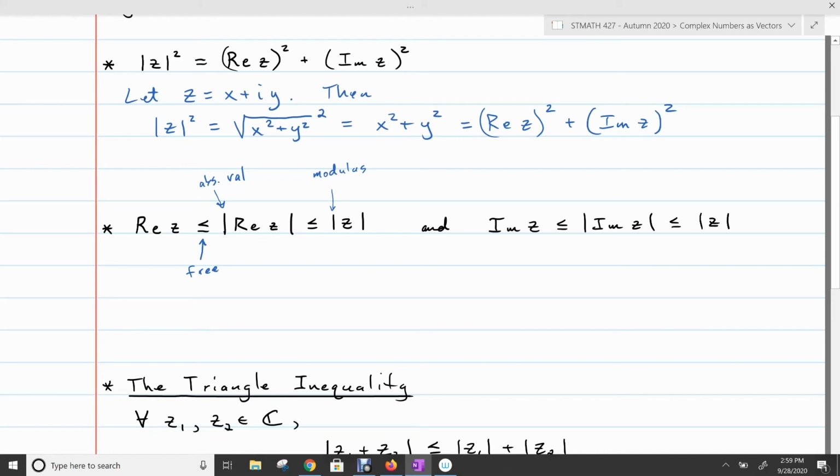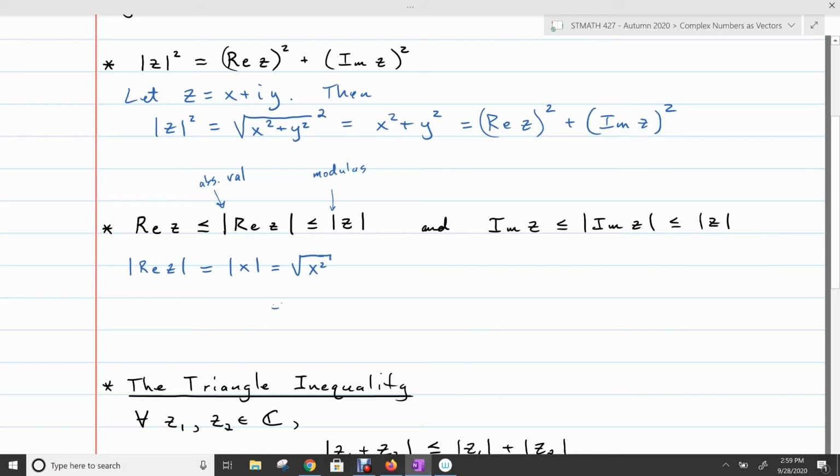So it's really the second inequality that we might want to establish. The absolute value of the real part of z is just the absolute value of x. But another way to write the absolute value of x is the square root of x squared, it turns out. This is another thing that we get from just knowing properties of real numbers. The square root of x squared is exactly the absolute value of x.